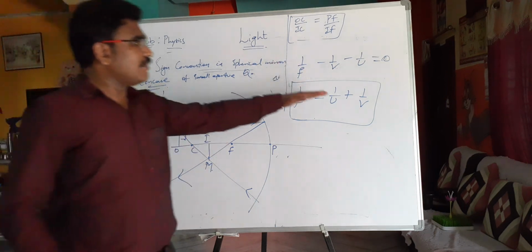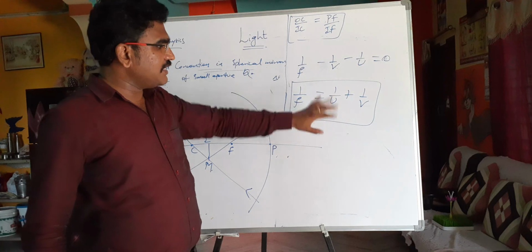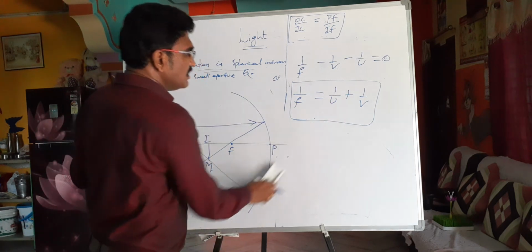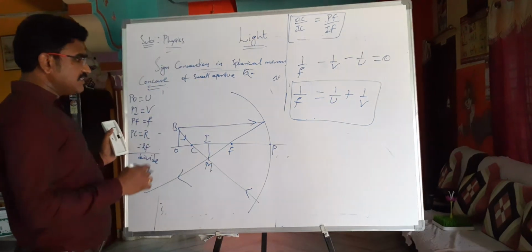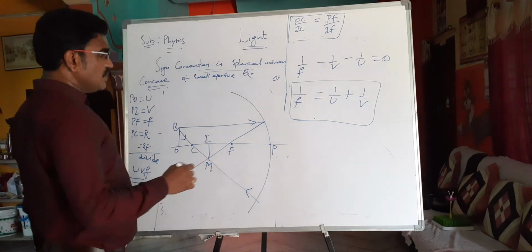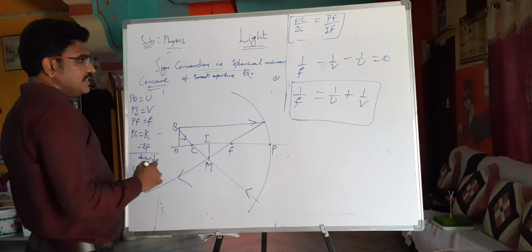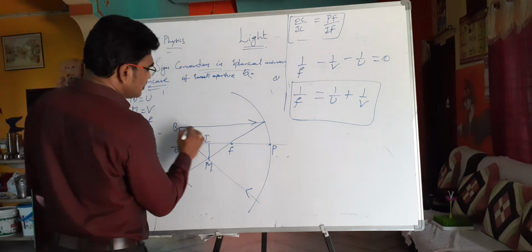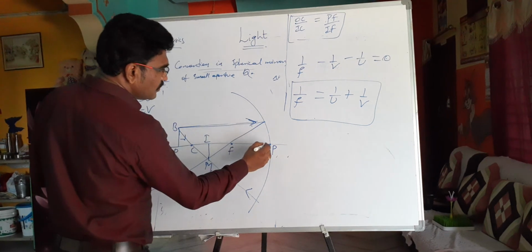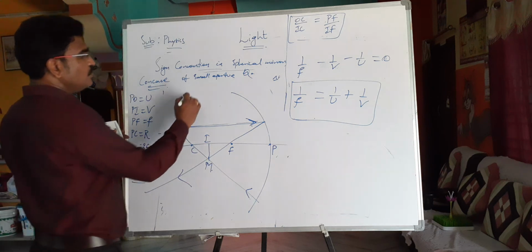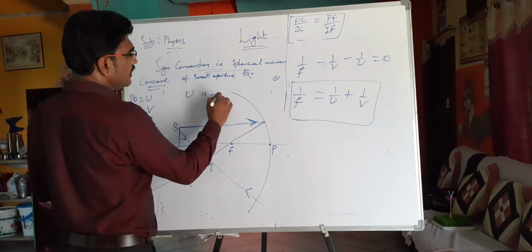Now we have completed mathematics, but let us see how we are using sign convention here. What is PO? Is PO positive or negative? You see, this is the direction of incident rays, but you are measuring in this direction, so U is negative.